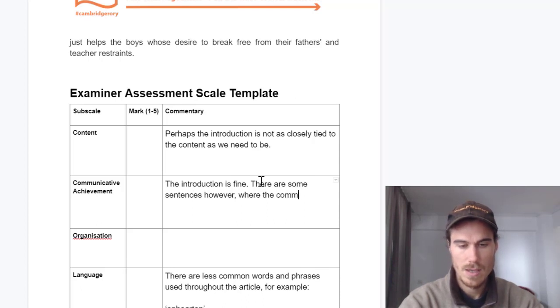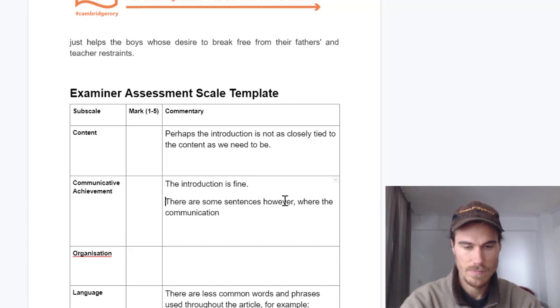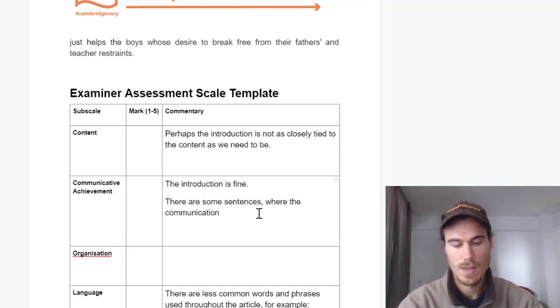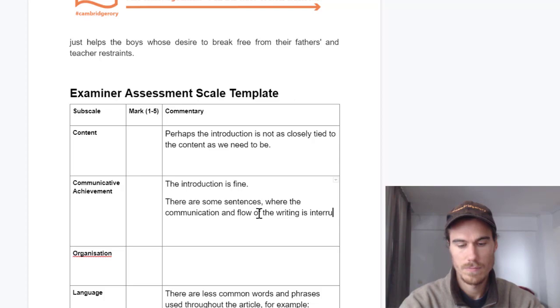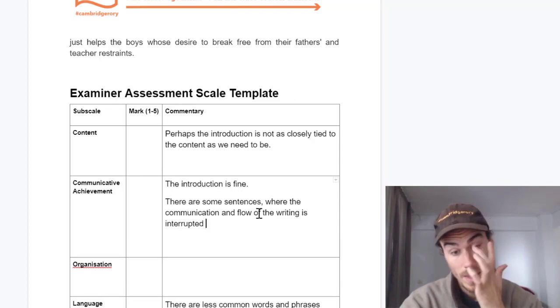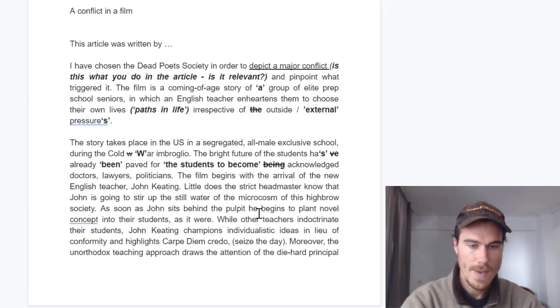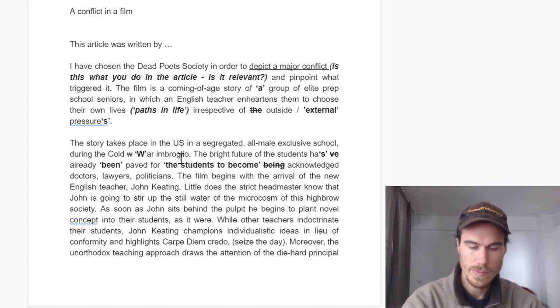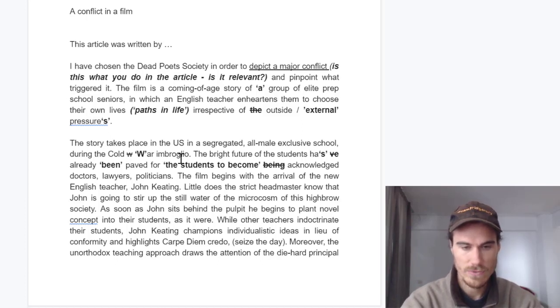where the communication, and this is not with the introduction, so I'll put this separately, the communication and flow of the writing is interrupted. I don't think it's down to grammar or specifically vocabulary. I think it's just the general idea of the sentence is a bit confused.